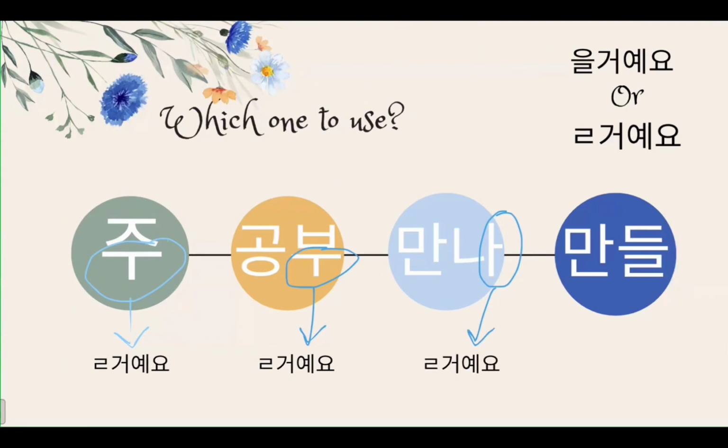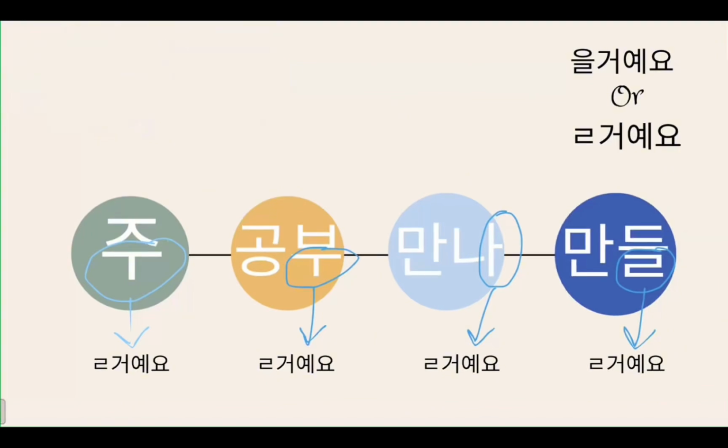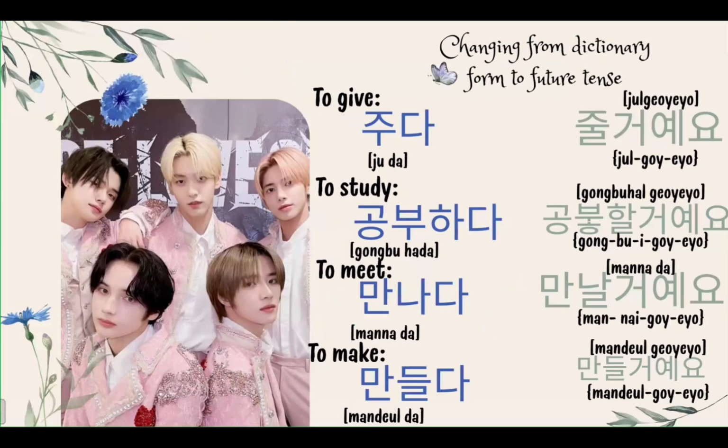Now for our last one, we have the word meaning 만둘. This one ends with a consonant, but as stated in the previous slide, if it ends with 릴, it would be 릴 거예요. And here we have changing from dictionary form to future tense.